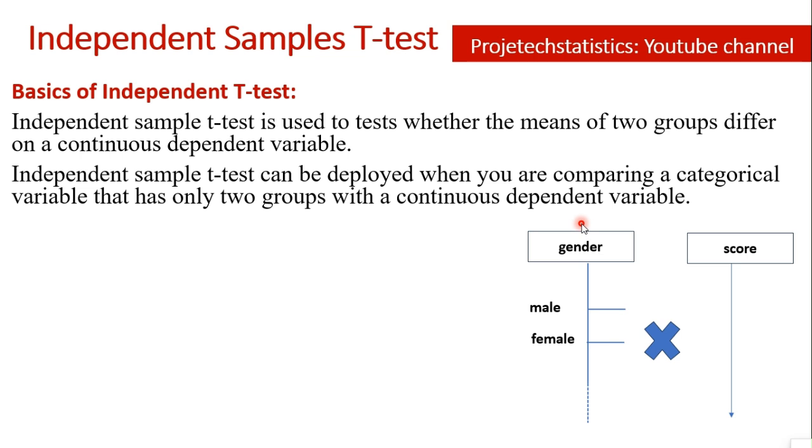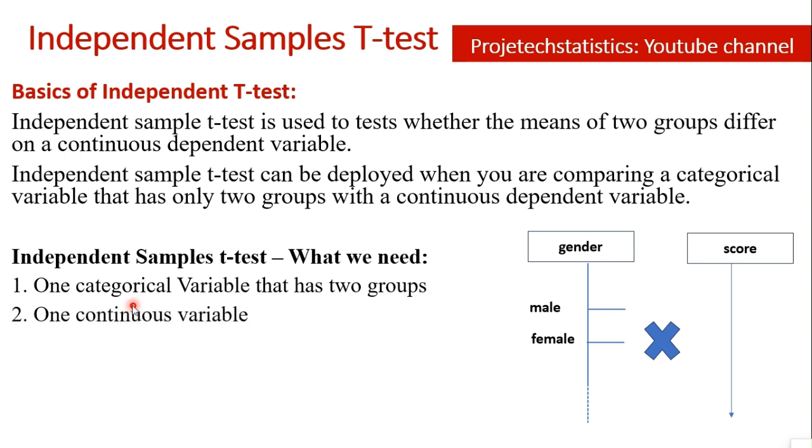If you have more than two groups, that means you cannot use independent t-test. So you have to deploy another statistical test, and that is ANOVA. We're going to do that in another video.